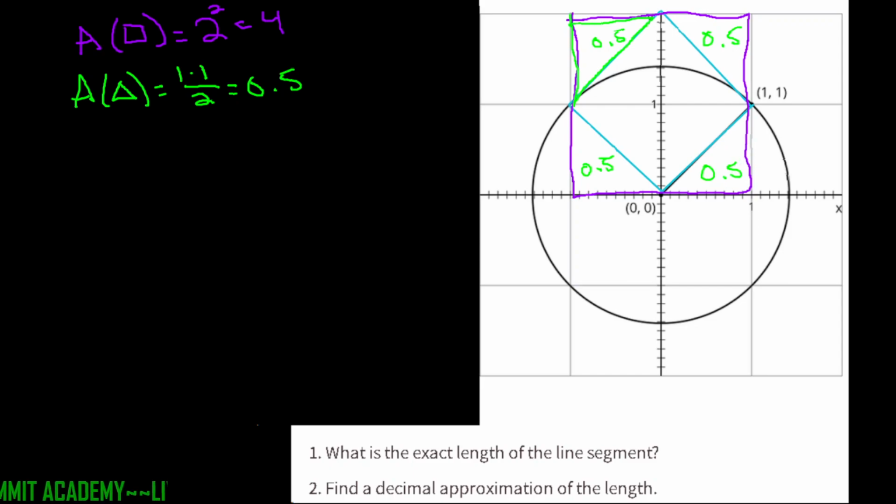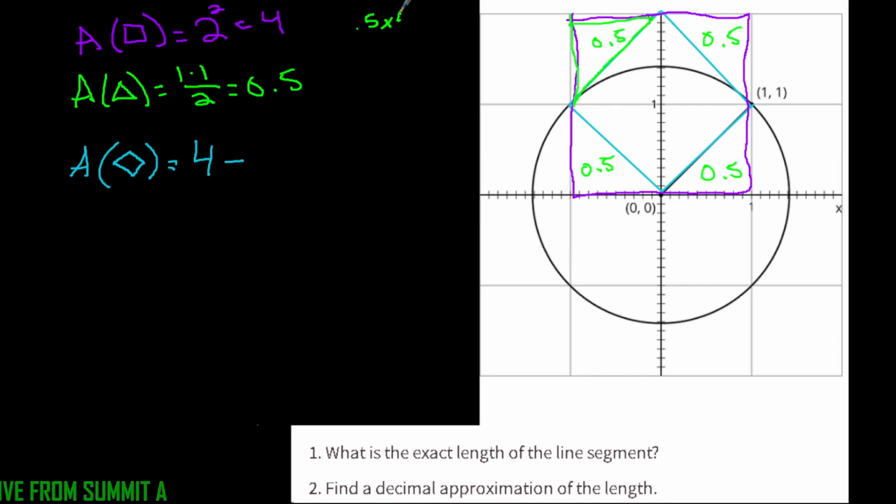The area of my tilted square, which looks like a diamond, is equal to 4 minus the 4 triangles, so 0.5 times 4 equals 2.